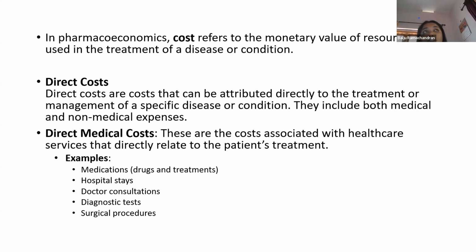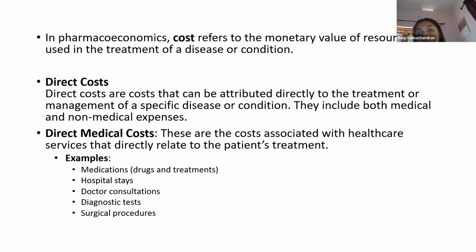All those, we are directly giving money for the improvement of the patient. For the medication we will be paying, for the hospital stay we will be paying directly, which is related to the patient. So that is meant by direct cost, that is directly attributed to the management.